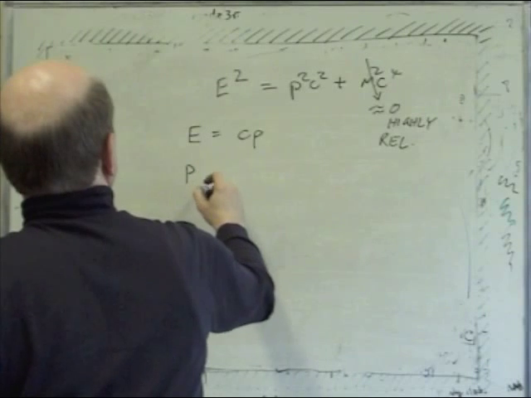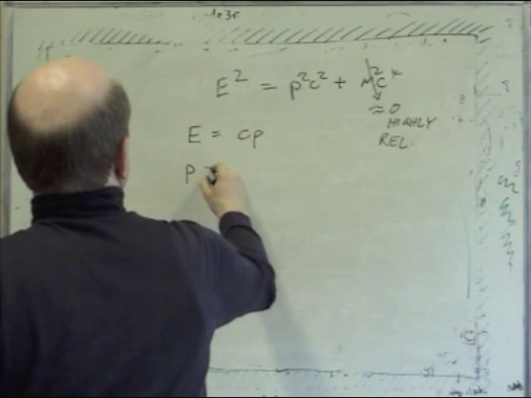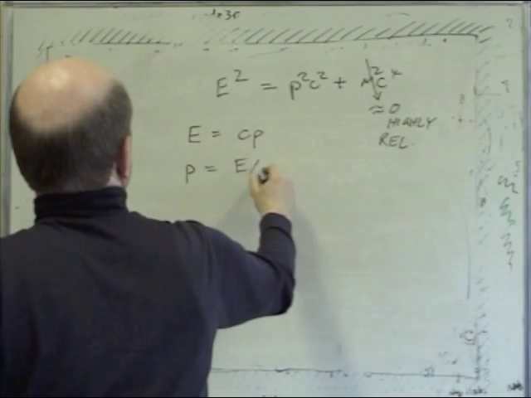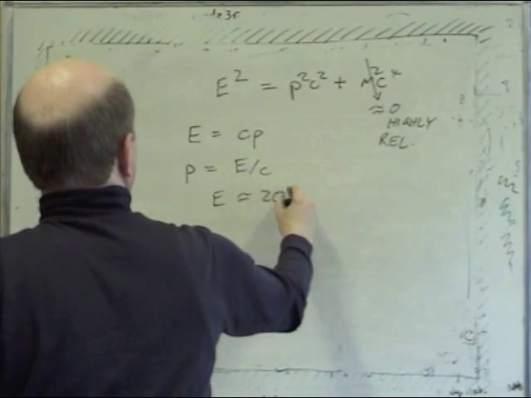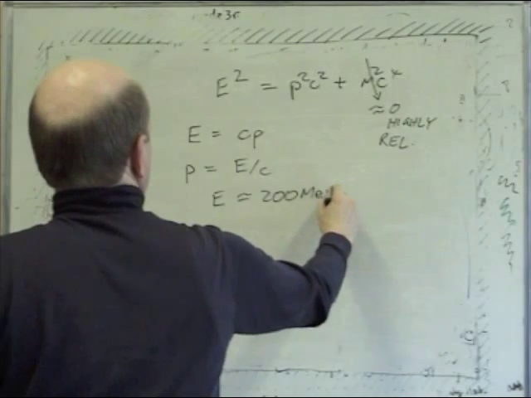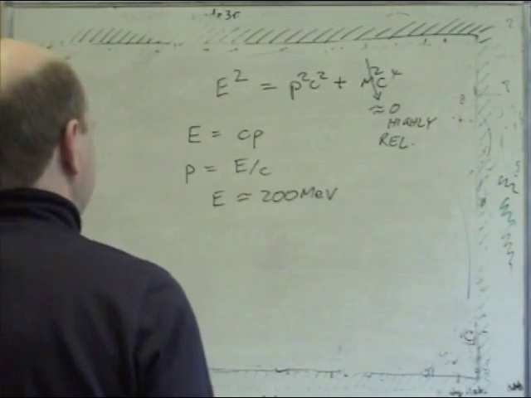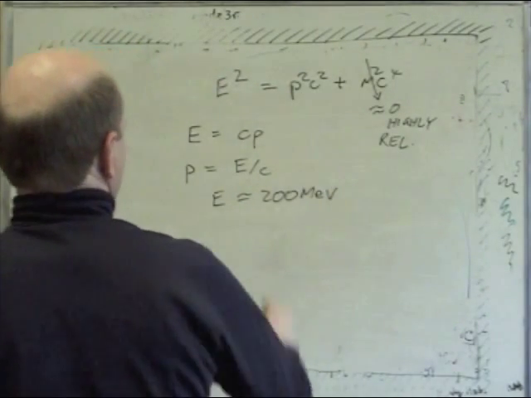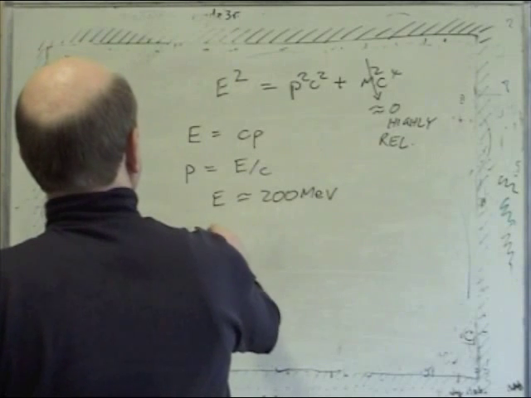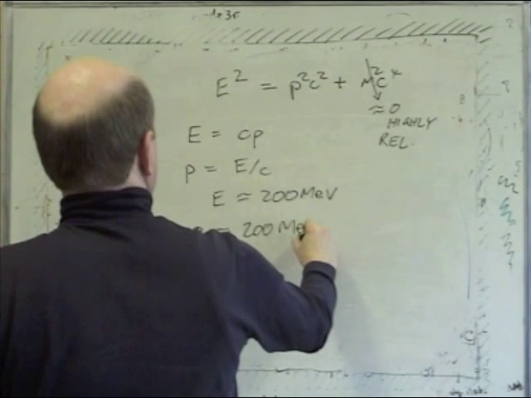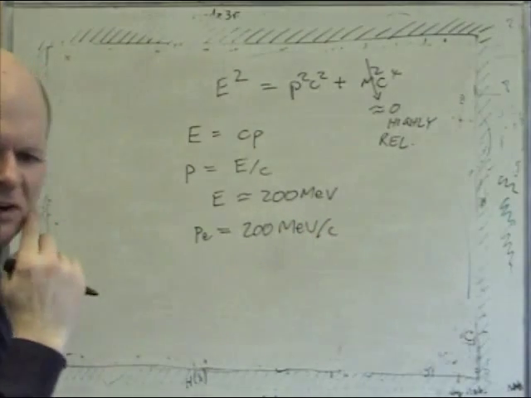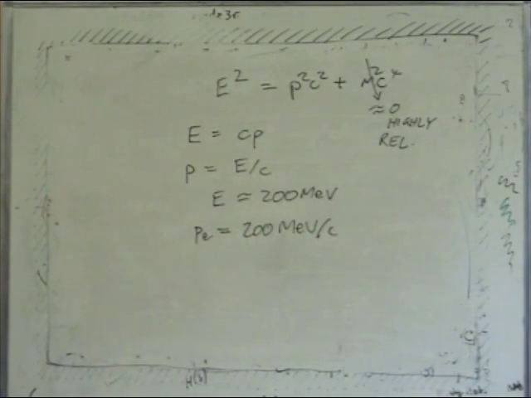So the magnitude of the momentum P is just the energy over C. But we know that the energy is approximately 200 MeV, neglecting again the rest energy because it's only half an MeV, which is less than a 1% correction to this number. So the momentum of the electron is just 200 MeV upon C. For highly relativistic particles this is very easy.